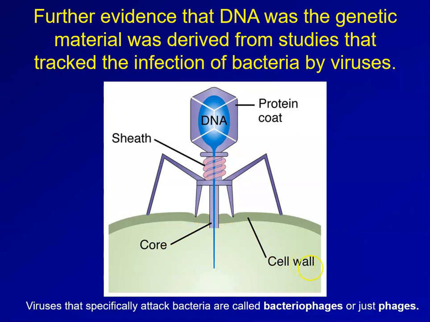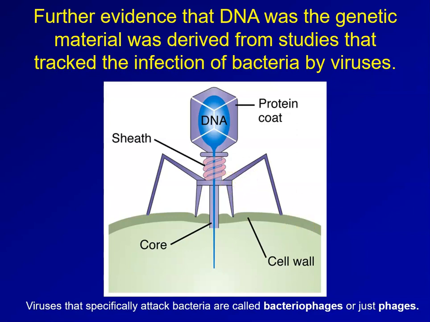So the virus itself is very simple, it's not really an organism. It's made of two main components, a protein coat, or protein body, if you will, a shield that protects the sensitive DNA inside. For this particular one, this is DNA. There are some viruses that are RNA based, but this one's DNA based.